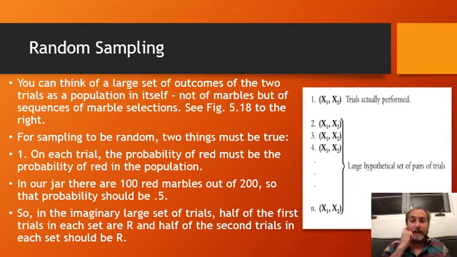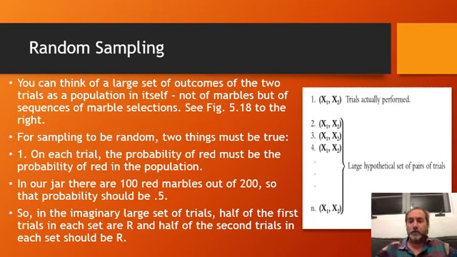Now let's imagine a large set of outcomes of these two trials as a sort of population in itself. It's not a population of marbles, but a population of sequences of marble selection. Suppose we perform one trial of x1, x2, and it's RR, or whatever it ends up being. But there's also a huge set of possible trials if you kept going on and on.